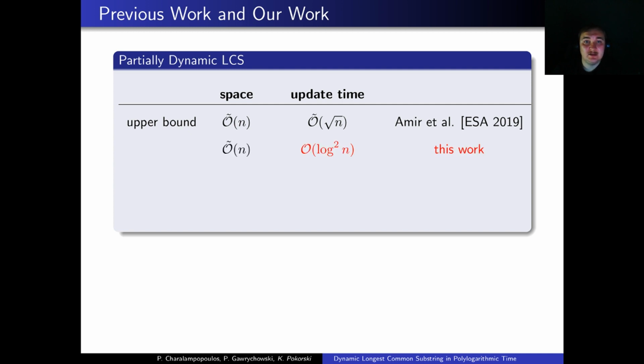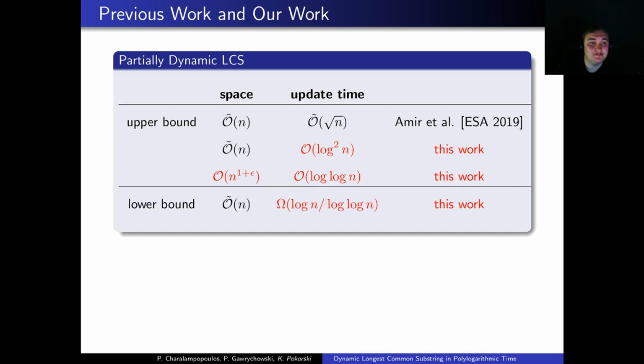In our paper we reduced the update time to log squared n. If we are allowed to use a little more space, like n to the 1 plus epsilon, it's possible to get the time down to log n. We also showed a lower bound: it's not possible to construct an algorithm that works faster than log n over log log n if the space is n polylog n for partially dynamic LCS.